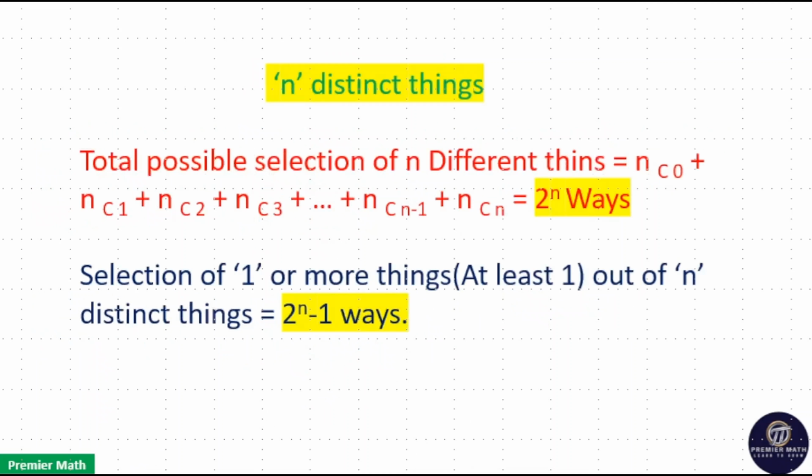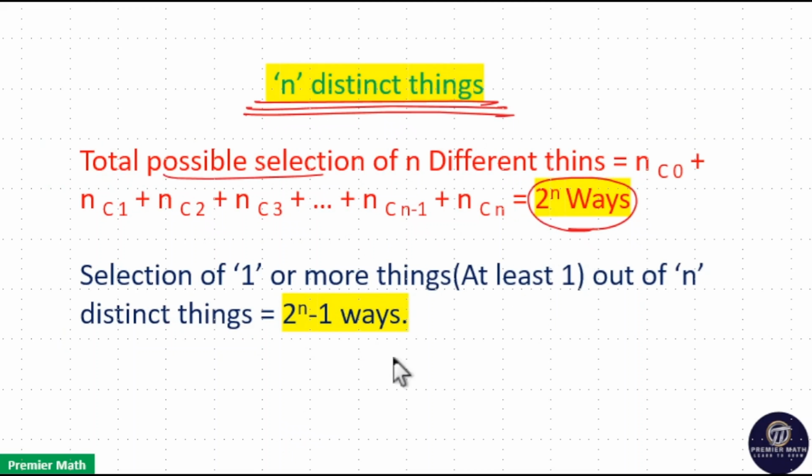And for n different things or n distinct things, total possible selection can be done in 2 raised to n ways. So this includes 0 selection. Then at least 1 selection out of n different things can be done in 2 raised to n minus 1 ways, because this doesn't include 0 selection.